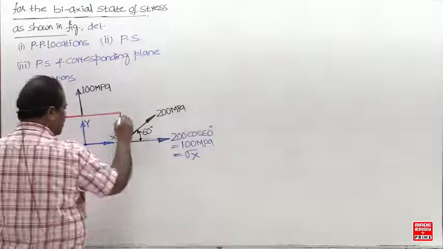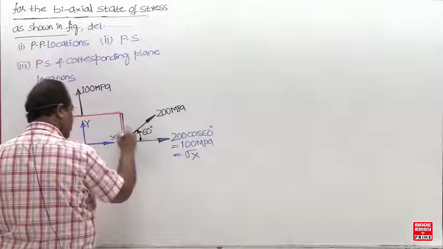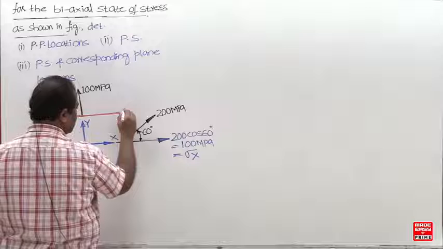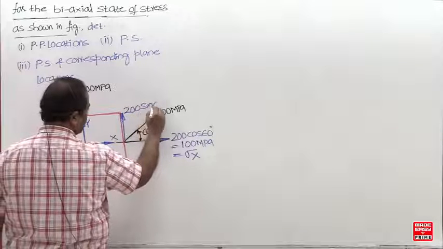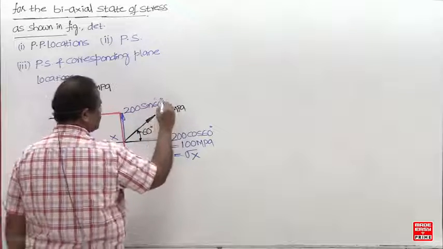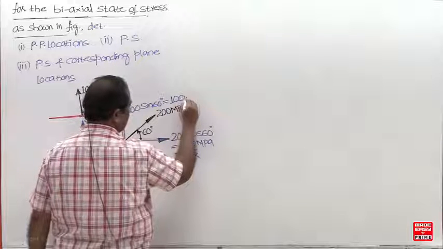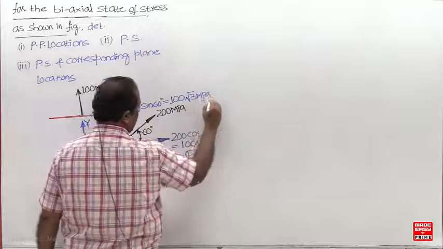And you are going to get one vertical component. The vertical component is 200 sin 60, that is 100√3.